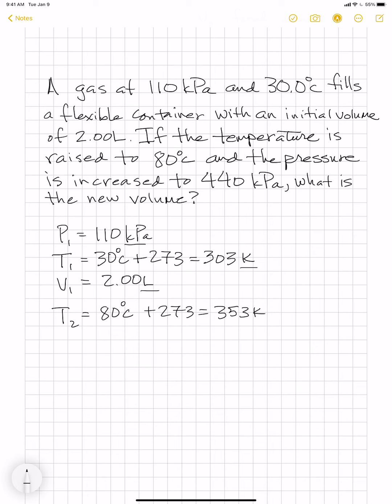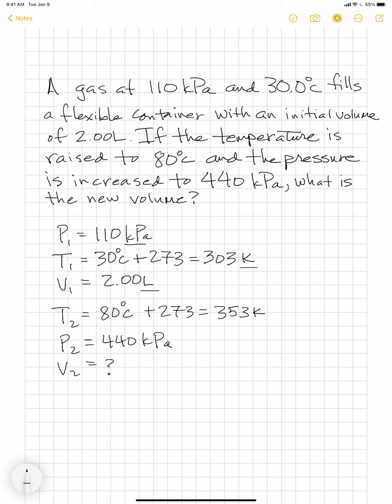Okay, pretty straightforward, right? But what did they also do? They increased the pressure. Oh my goodness. They're making this complicated. So the pressure now is 440 kilopascals. Okay. And what is the new volume? Okay, so V2 is equal to question mark.